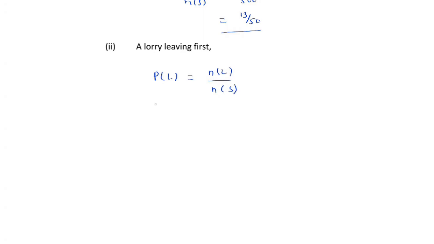The number of lorries is going to be 500 − (130 + 160), so the probability of a lorry is going to be 210 over 500. After solving the values, we are going to have 21 over 50, and this is the probability.